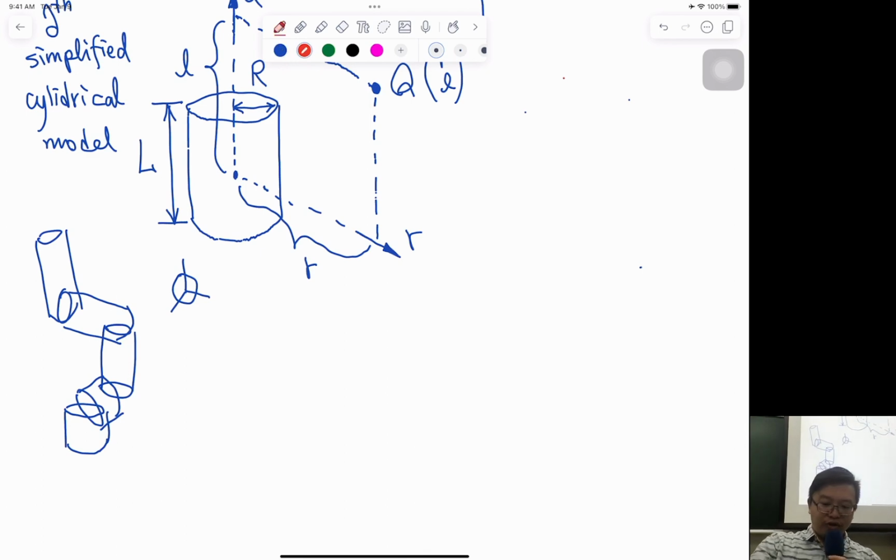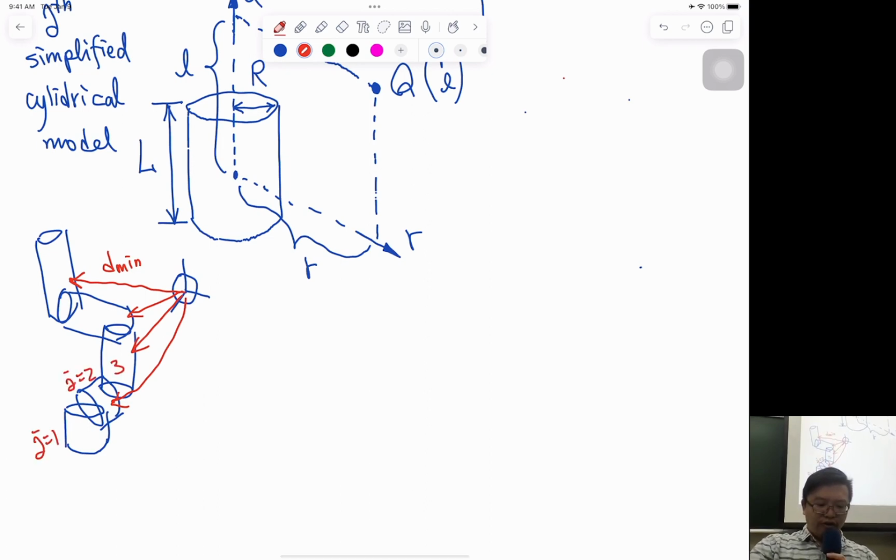You are trying to compute the shortest distance between this guy with this guy, this guy with this guy. You are computing them. You have the d minimum. So let's say this is j equals 1, j equals 2, 3, 4, and 5. So you can call this d minimum 5. This one is d minimum 2.